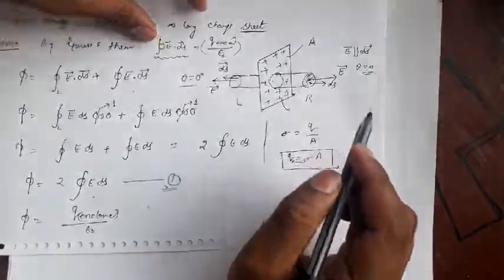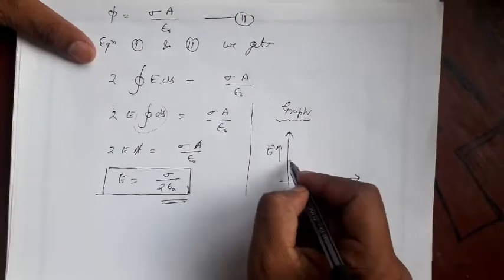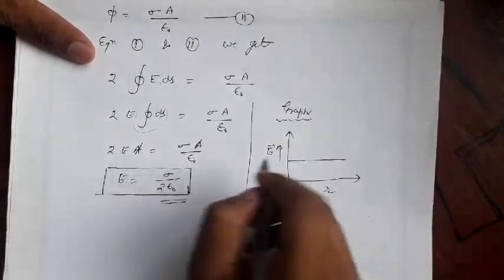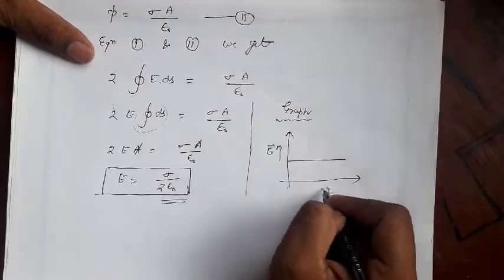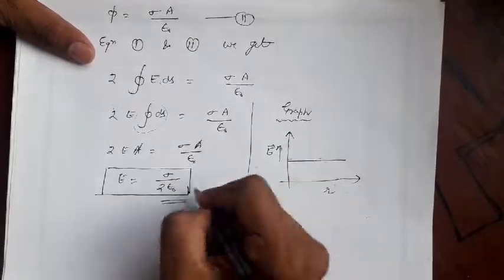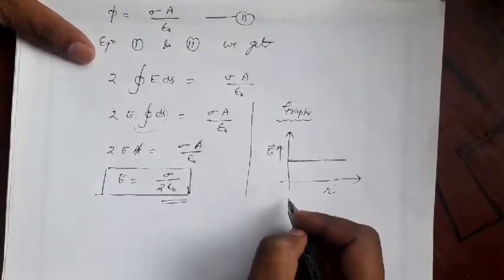R is constant, then we can say the electric field will be constant. किसी भी पॉइंट पर हम चेक करेंगे, इलेक्ट्रिक फील्ड फिक्स रहेगी. ठीक है, तो this is the graph.